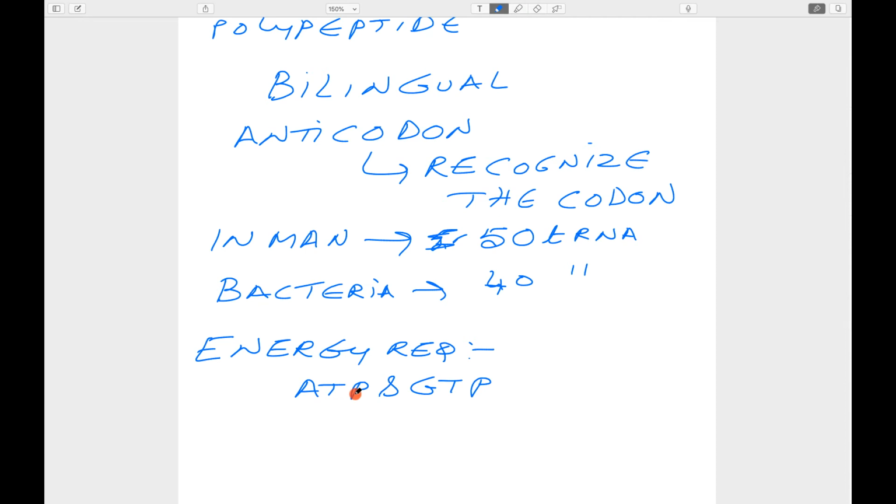Whether it is the activation of amino acids, the initiation process, the elongation process, or the termination process, protein synthesis requires to be supplied with energy. The sole reason is that protein synthesis has to be accurate.